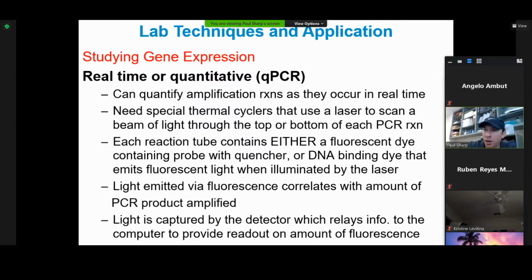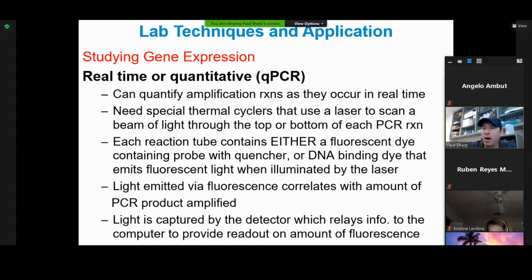The other way you can go is by using something called TaqMan probes. TaqMan probes are proprietary, so if you're going to buy TaqMan probes, you have to buy them from Thermo Fisher, the company that makes these probes.